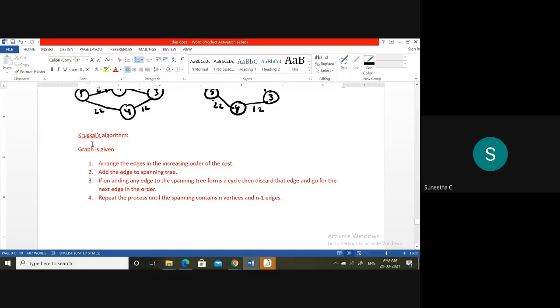Okay, let us apply this procedure to an example. Take an example graph.